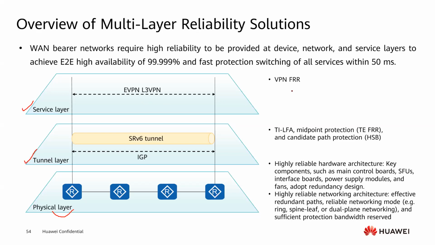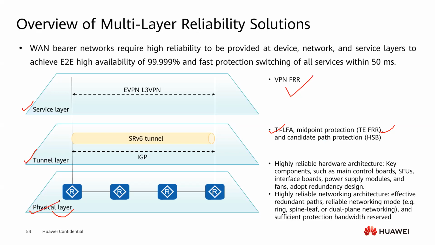So for the service layer, we use VPN FRR. About this concept, we talked yesterday. And for the tunnel layer, most of the time what we use is FRR, TI-LFA FRR, midpoint protection, this kind of thing, or HSB.